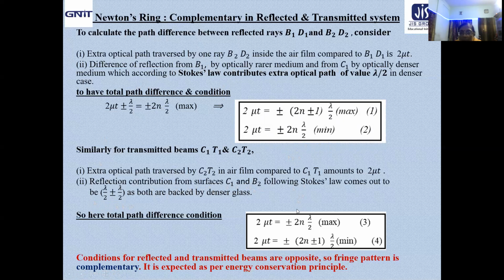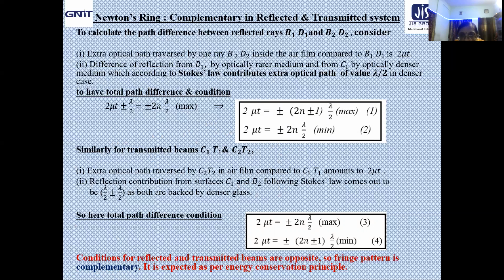One's maximum coincides with the other's minimum, and the other's minimum coincides with one's maximum. Why is the situation just the opposite? Let us take a look. We have already seen that from the same incident beam A1, B1, two sets of beams, one reflected and the other transmitted, originate.